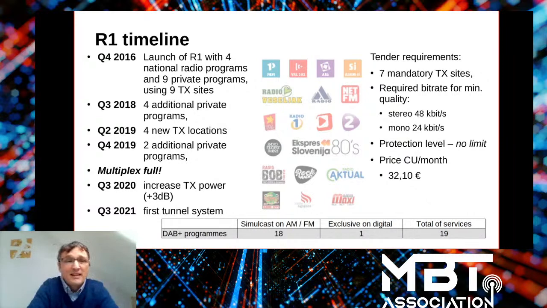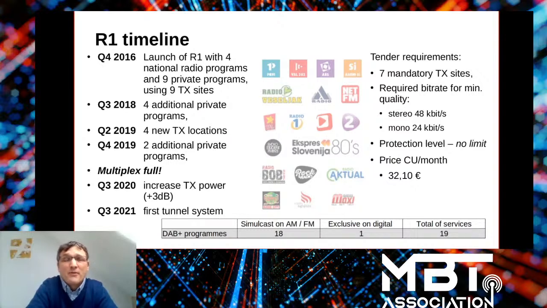So finally, in 2019, we succeeded that the multiplex was full. We have 19 services, 19 programs, and happily one is only on digital. This is also some limitation by the agency, because the tender they put out required that stations need to be on FM already.